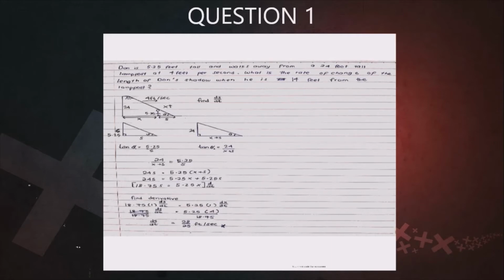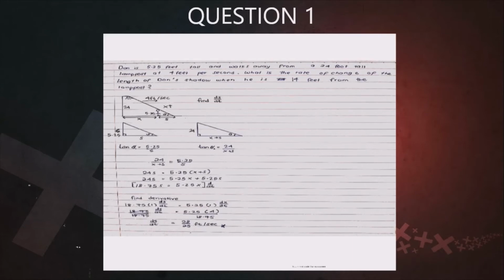Then we get ds/dt equals 5.25 over 18.75 times dx/dt. The dx/dt, as we know, is 4 feet per second, so 5.25 over 18.75 times 4, and then we get the answer.